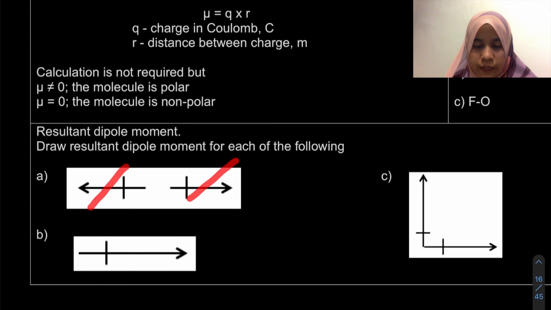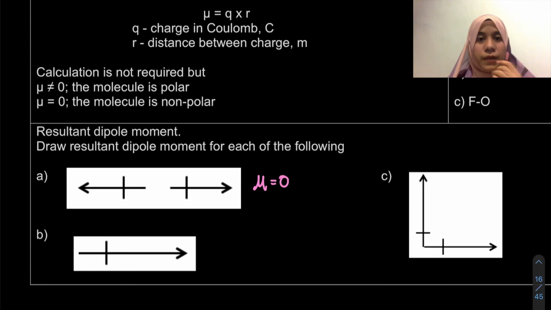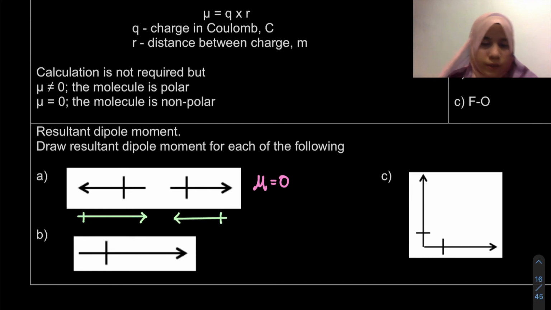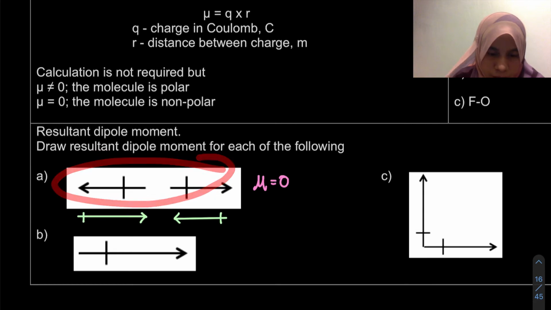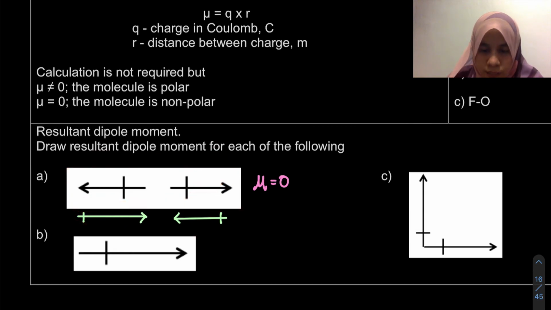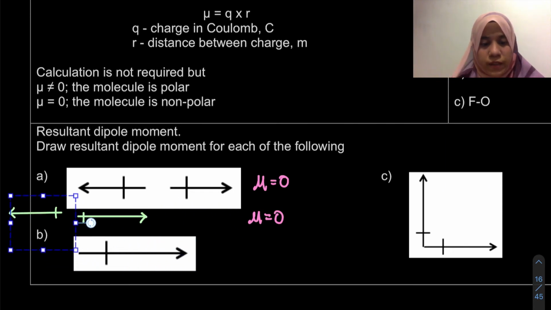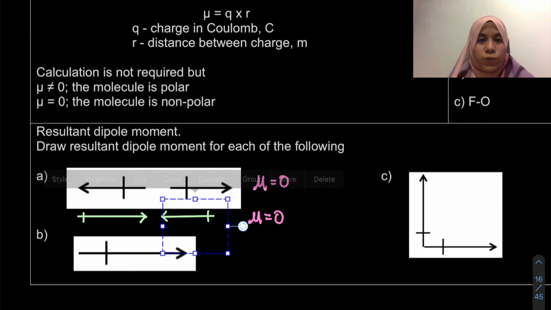So, yang ini kita akan katakan lah, for A ni, our mu is equal to 0. Sebab it cancel out each other. Okay. Kalau example A tu kan. So, sebenarnya, the one here dengan the one dekat bottom ni is the same one. So, here is actually mu equal to 0. Even though kamu nampak yang ini macam gabung, it's not, sebab dekat opposite direction. Contohnya kalau buat dia jadi dekat sini, kan jadi 0 juga kan. So, here pun sama juga. Mu is equal to 0.